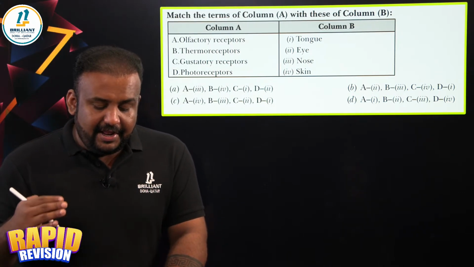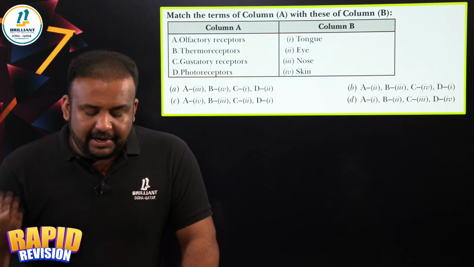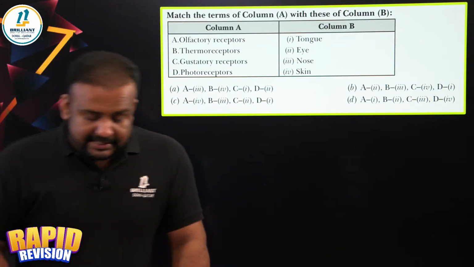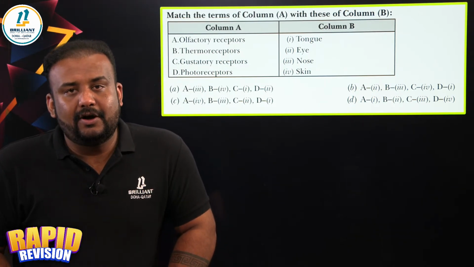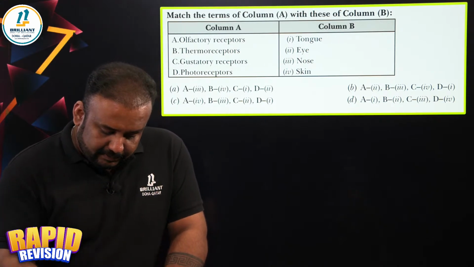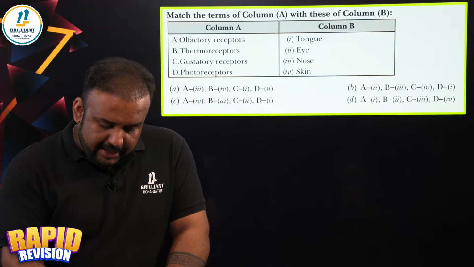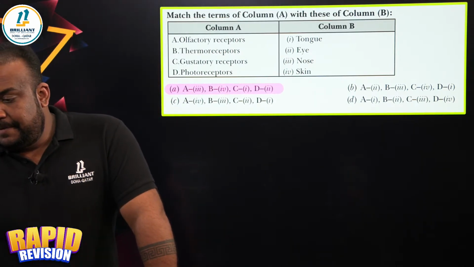Then gustatory receptors. Gustation means taste, so gustatory receptors are on the tongue. And then photoreceptors are inside the eye, on the retina. So which is the right choice? A3. There is only one option where A is 3, right? Option A.